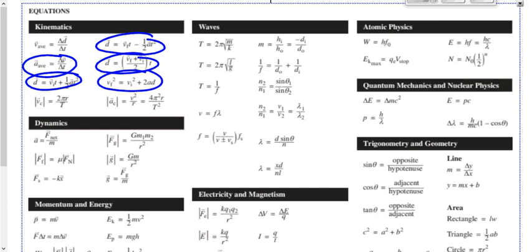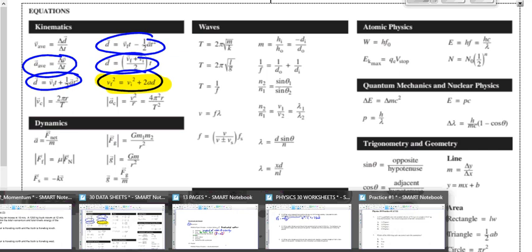Use whichever one fits your givens. If in doubt, try that one first, and if it doesn't work, then try another one. Just get the final velocity somehow, and then multiply it by your mass.